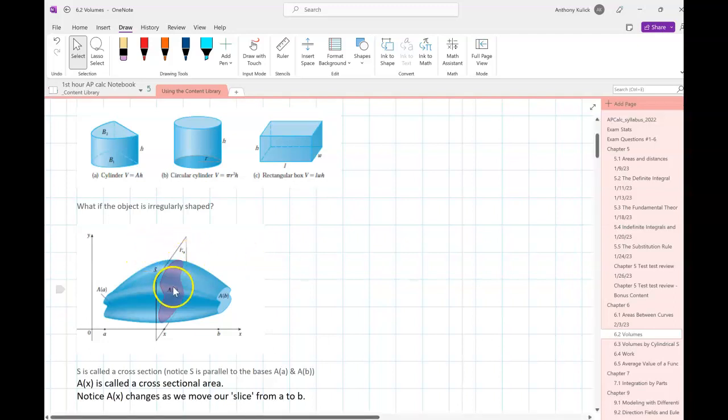What we'll do is slice it into little tiny cylinders where the height of the cylinder is so small that the bases are basically regular, and calculate the volume of each little cylinder all the way up our shape. We add them all up, and if we make them infinitely thin, we come up with the exact volume. In a calculus sense, that's what we're doing.